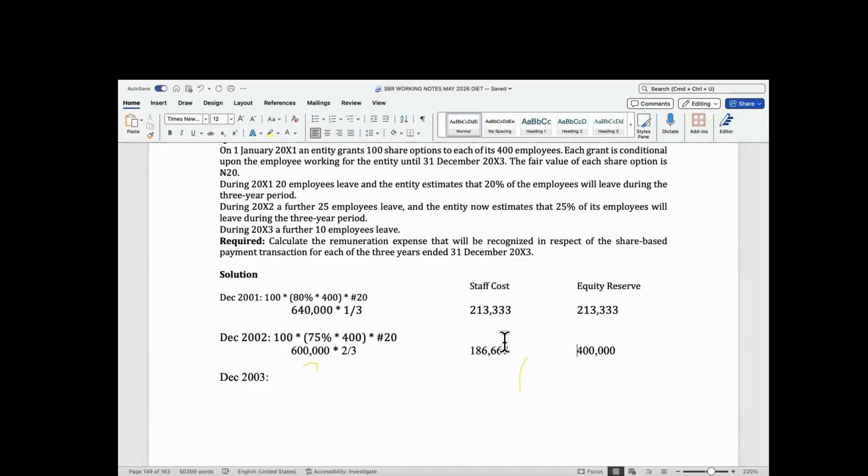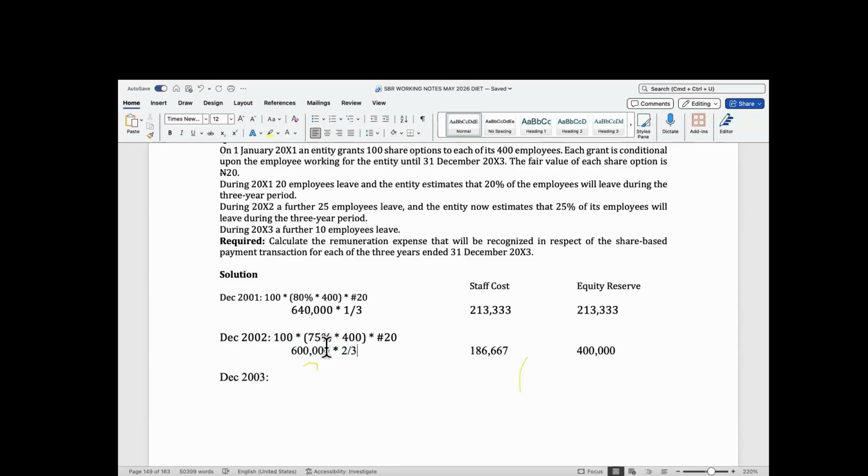So what goes to staff costs is the increase in the reserve. This 186,667, we did 400,000 minus 213,333. If you look at it, this year too, the way we got it is 600 times 2/3.